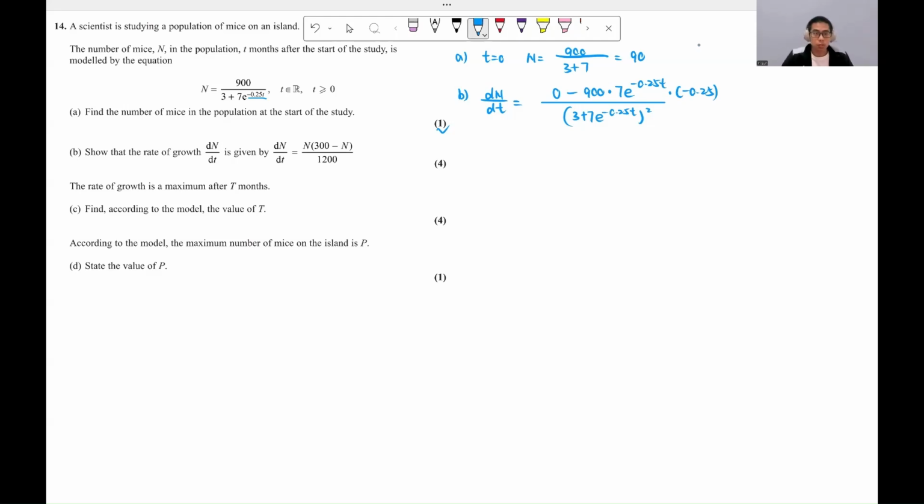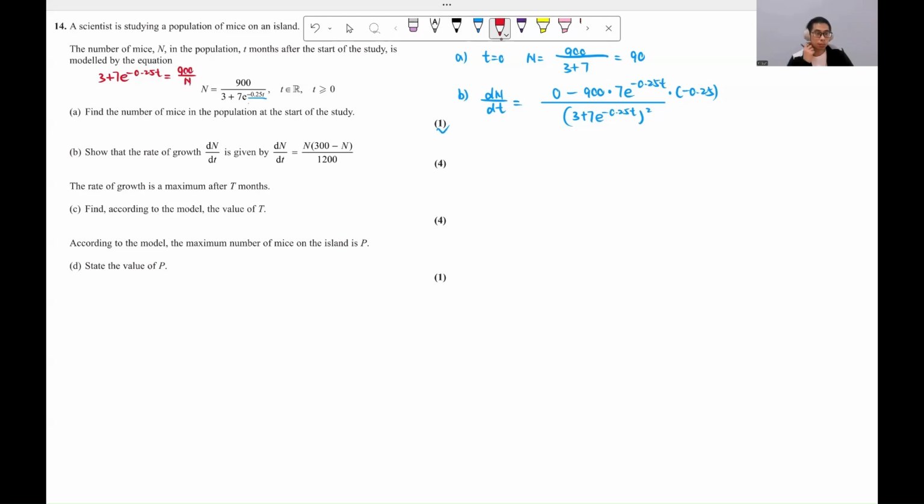Okay, once we have this, we need to rearrange it in terms of n. So we need to change everything in terms of n. We don't want t anymore, so to do that there is a lot of rearranging. First, I can change 3 plus 7e to the power negative 0.25t in terms of n by rearranging n equals 900 over the denominator. I times the denominator on both sides, and divide by n on both sides, so basically swap them. So 3 plus 7e to the power negative 0.25t is equal to 900 divided by n.